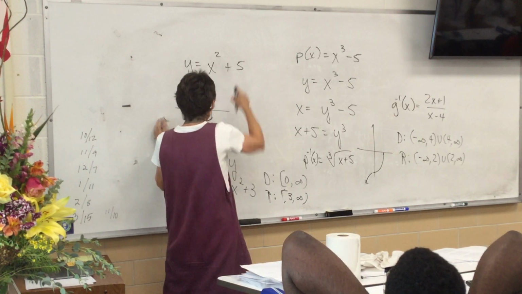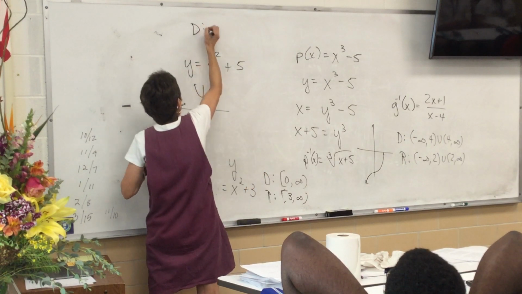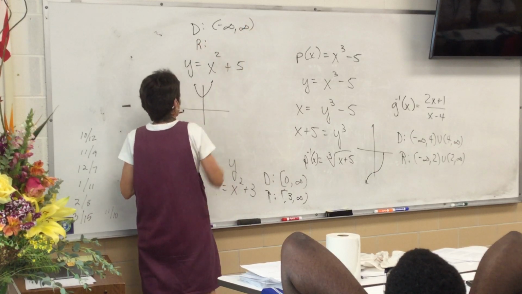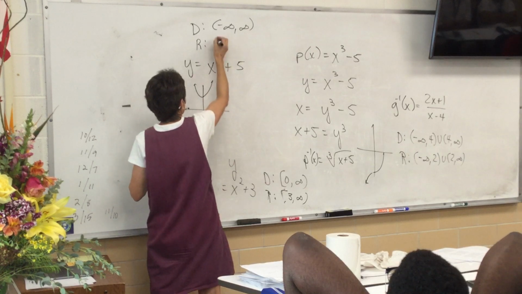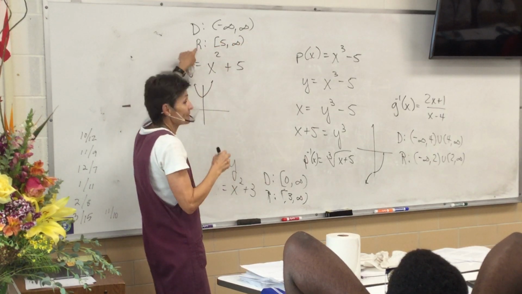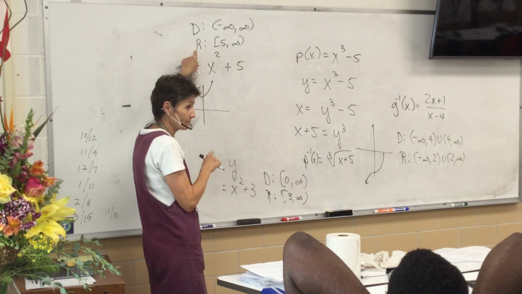Now, is there any domain issue with that? No. Is there a range issue with it? Yes, it's not all reals. Your range is everything from 5 up, right? Now, that is going to take care of your domain in the inverse.